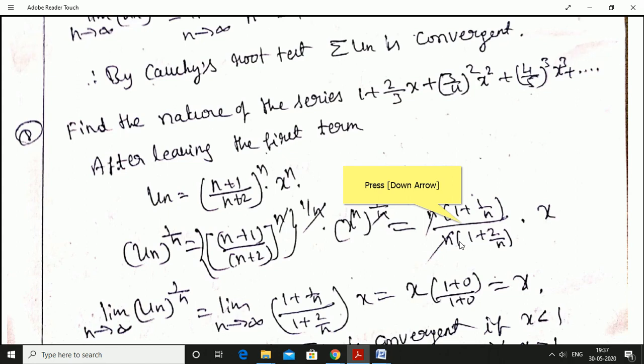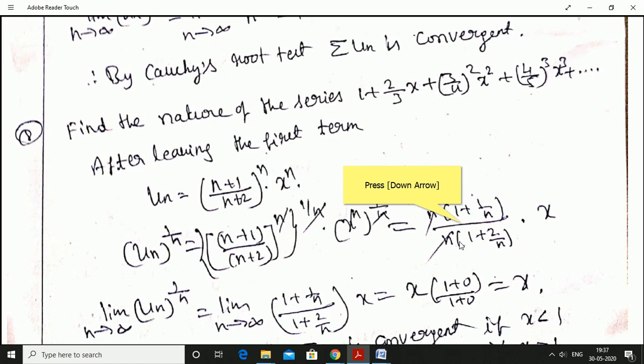Now, after leaving the first term, we take n from 1 to infinity. That's why I leave the first term. In an infinite series, if you leave one or two or some terms, the convergence of the series will not be affected.